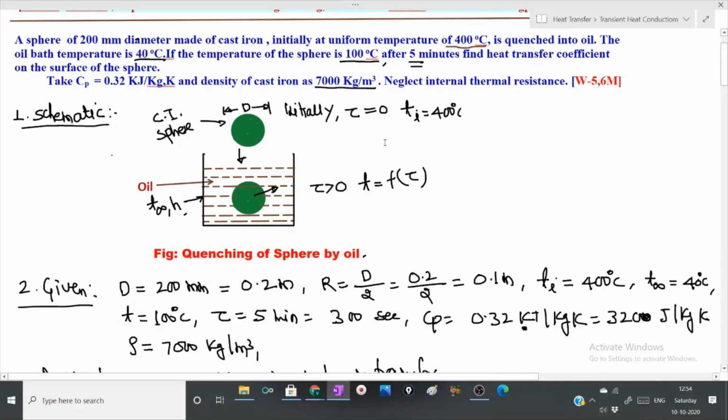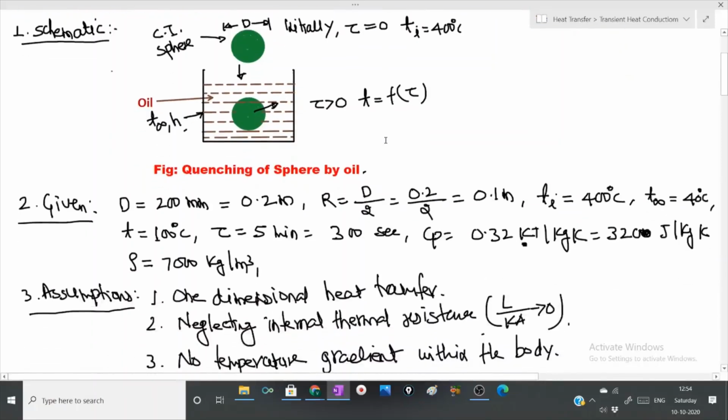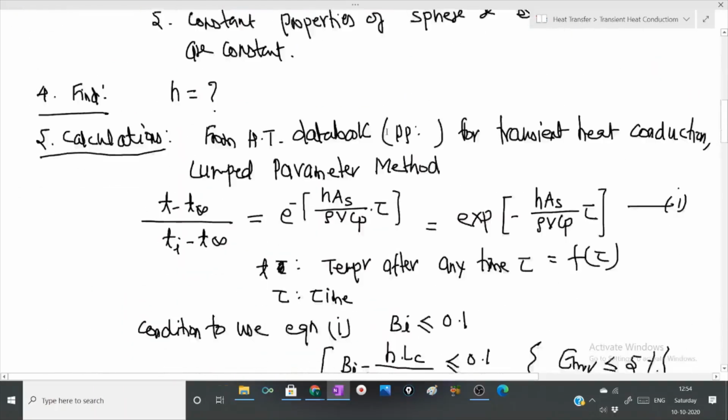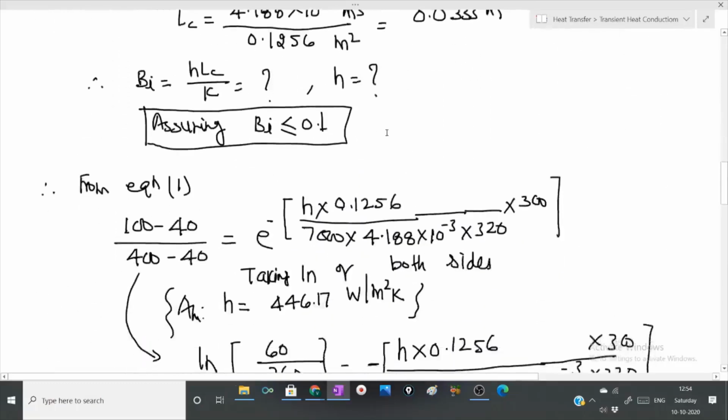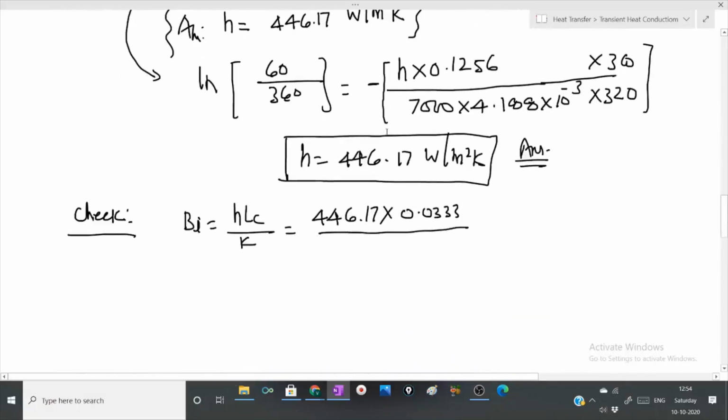Thermal conductivity value is also not given. So we don't have any method to check whether the Biot number is less than 0.1 or not.